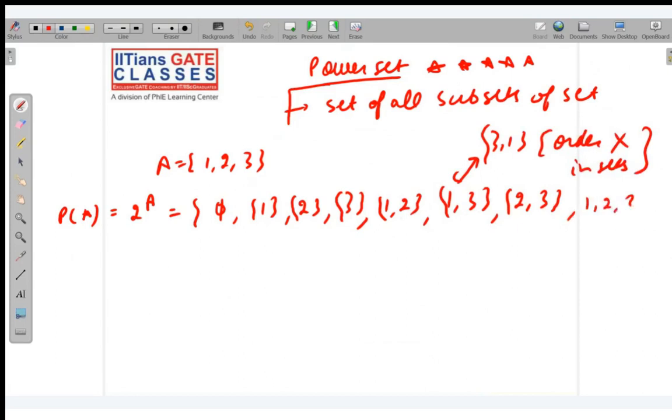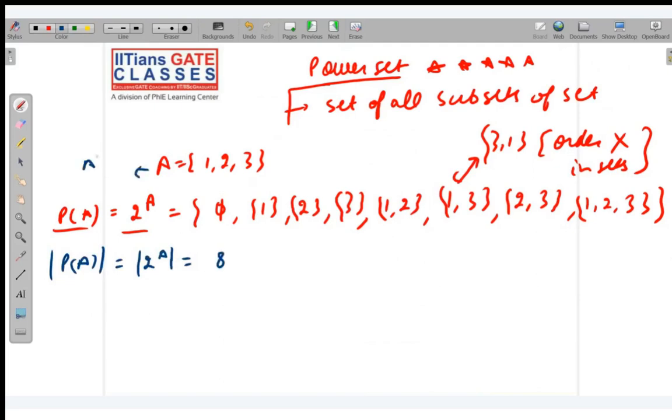Then we will say {1,2,3}. So how many elements are there in the power set of A? You can guess: 1, 2, 3, 4, 5, 6, 7 and 8. So the cardinality of the power set of A, or |2^A|, is equal to 8.